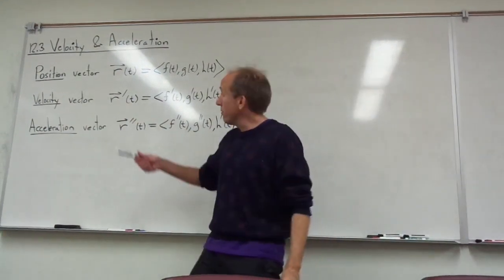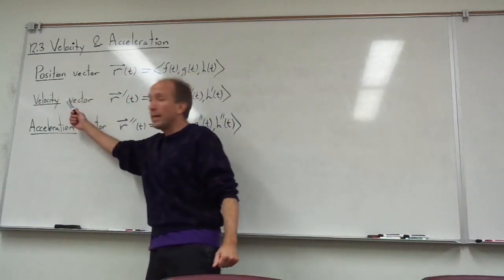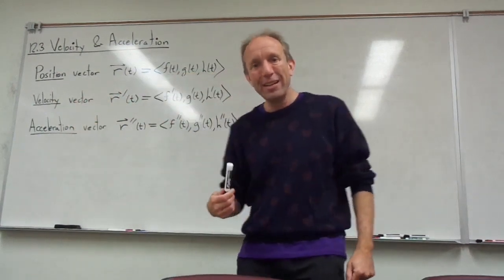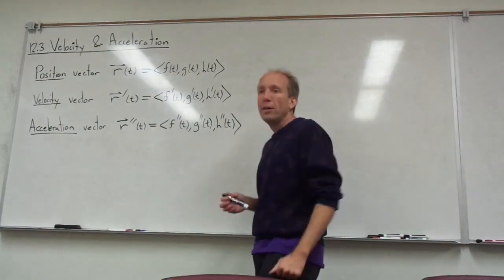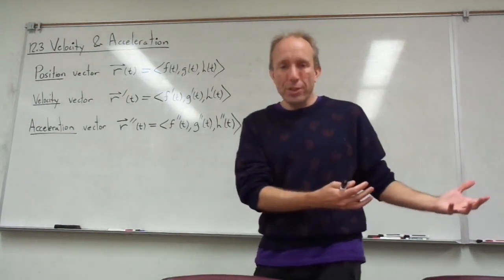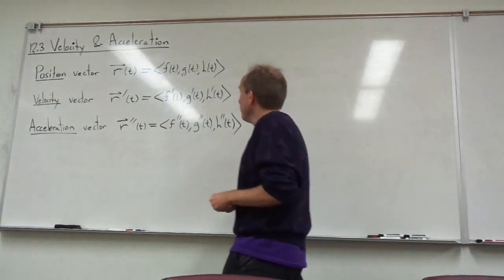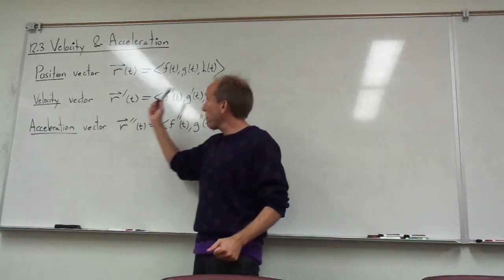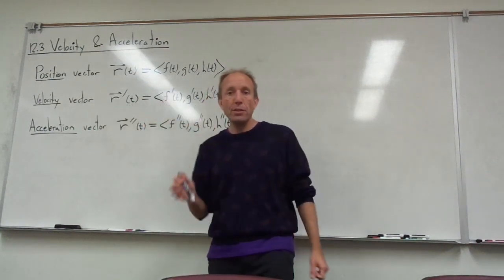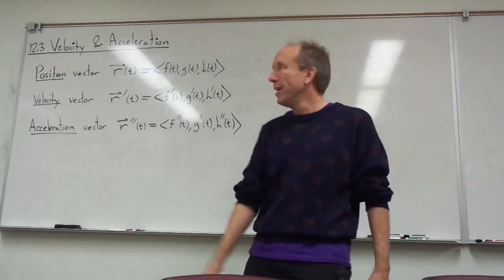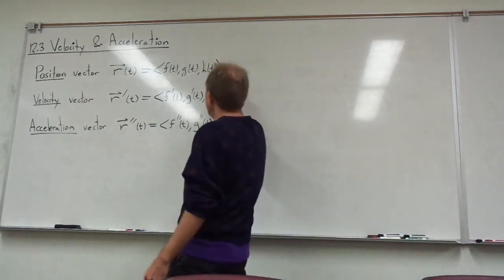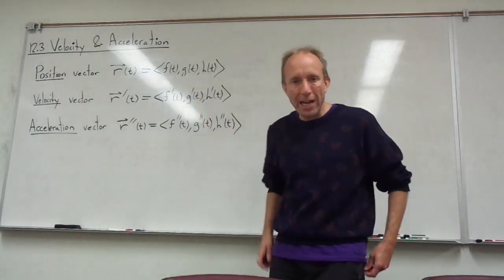And when you take the derivative of the position vector, we're going to get what we call the velocity vector, right? The derivative of the position, the rate of change of the position, is the velocity. And that is r prime of t, and you simply calculate the slot-wise derivatives of the position vector in order to get the components of the velocity vector.